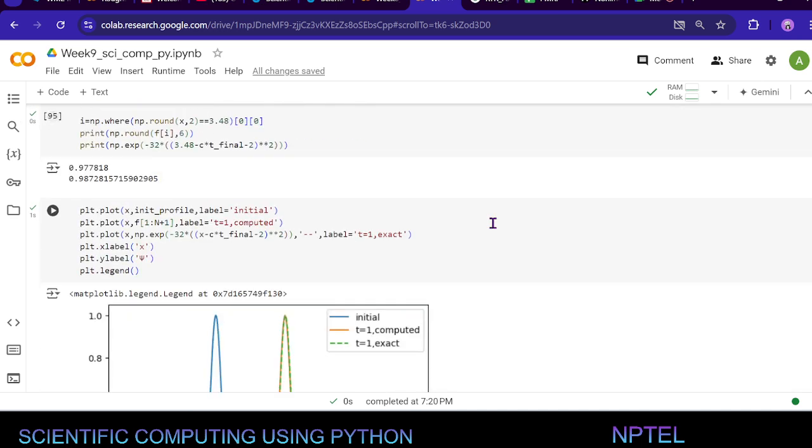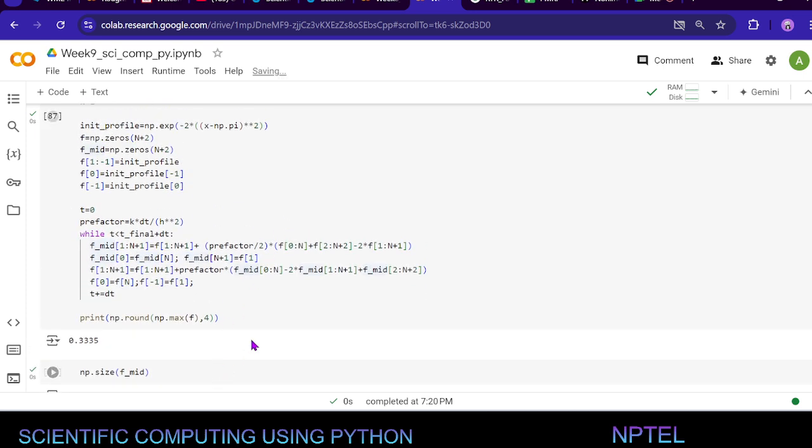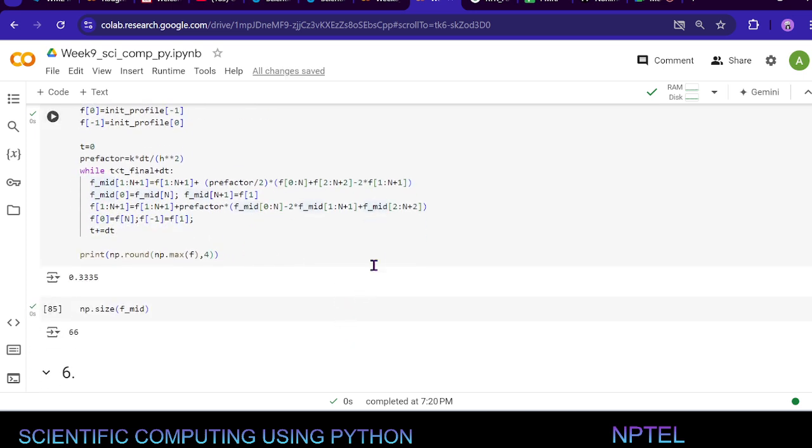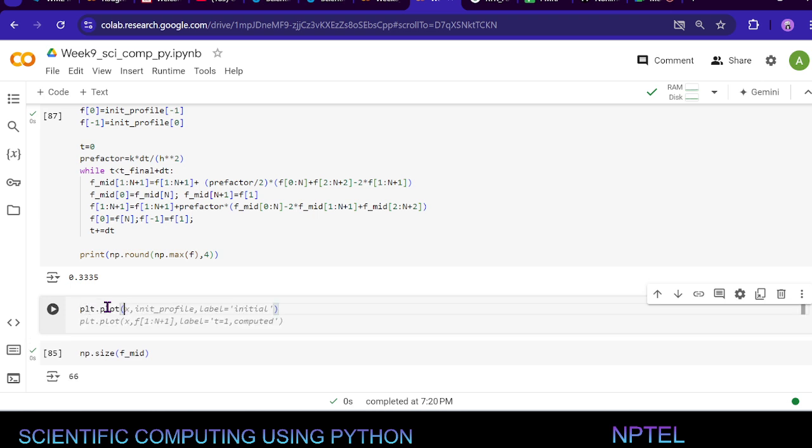We can do the same thing with Gaussian, the diffusion equation also, right? And let's do it just for fun. So plt dot plot. In fact, it's the same thing, right?